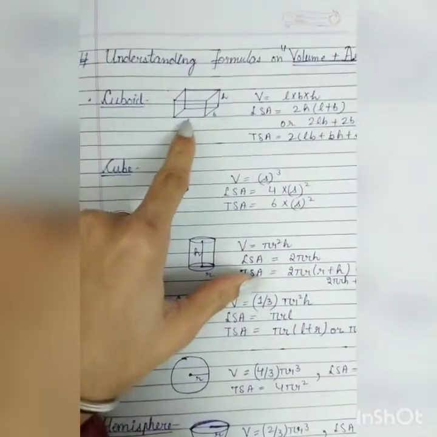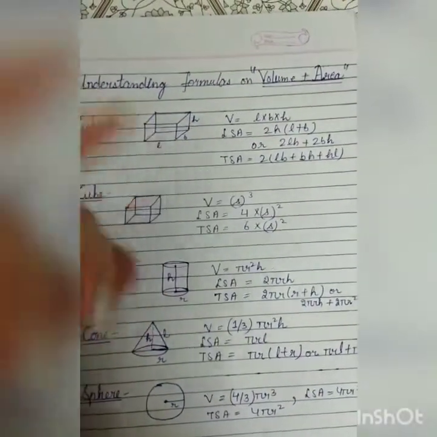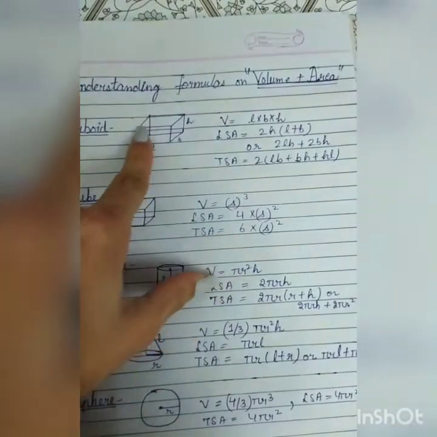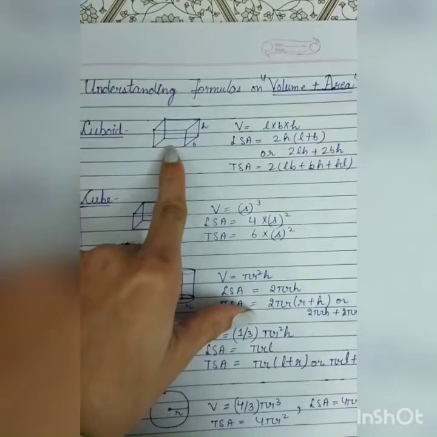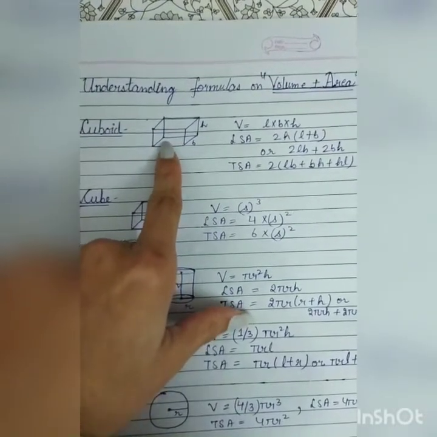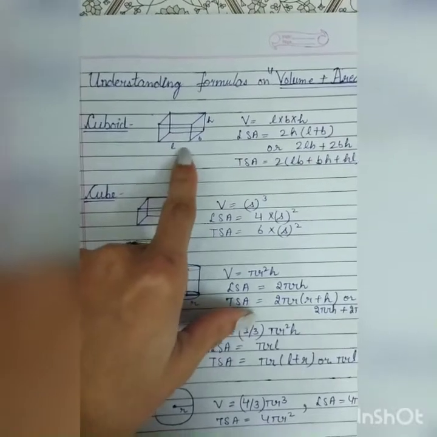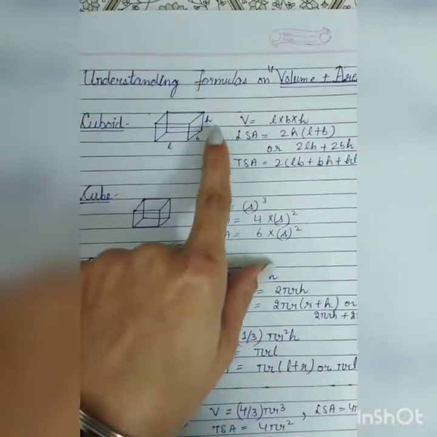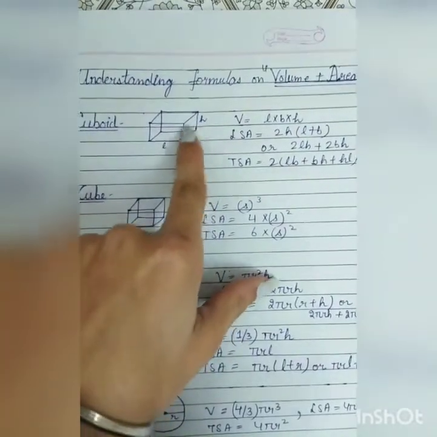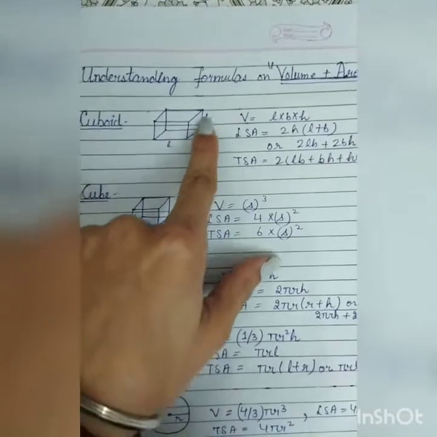If you see the cuboid from the front side, you will not see the bottom. So you will see the side walls and the front side. If you are trying to see the cuboid from the front side, you will only see its length and height. And similarly, if you see it from the side, you will see only the breadth and height.